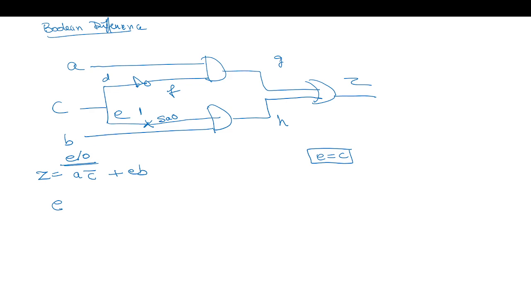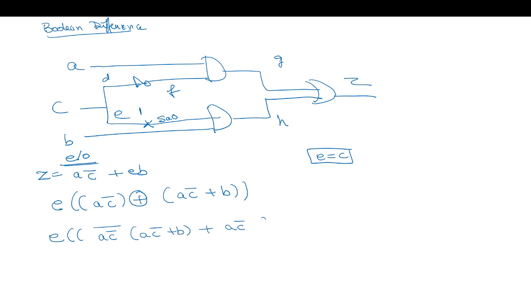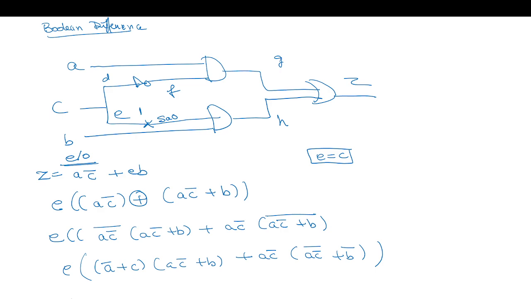We want stuck at 0, so E, and the expression when E is equal to 0 is A C complement, XORed with, when E is 1, it is A C bar plus B. So it's E, A C complement, the whole complement, A C bar plus B, plus A C bar plus B, the whole complement.